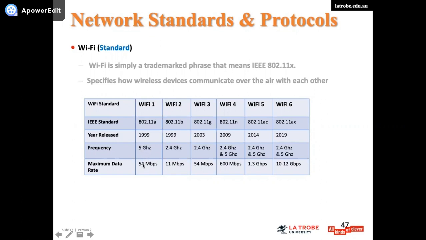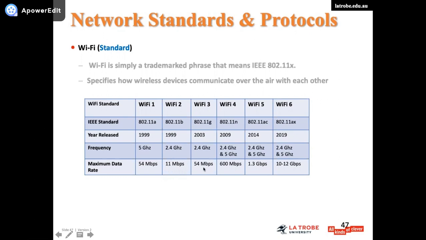At that time, the maximum data rate was kind of slow, only 11 megabits per second. Then later we have the famous .11g, released in 2003. The data rate increased to 54 megabits per second.